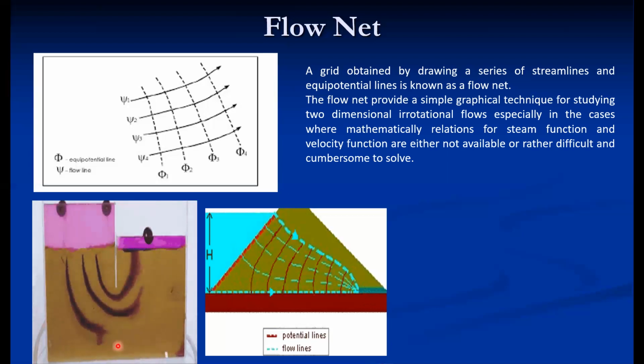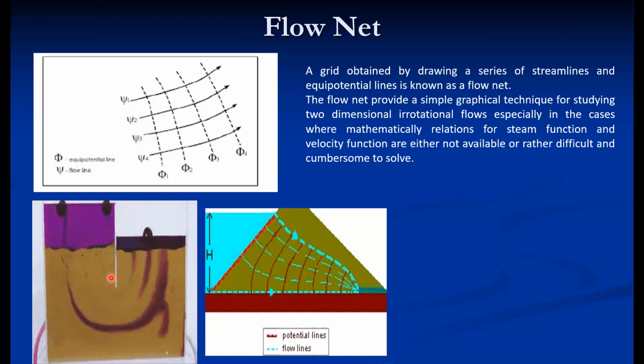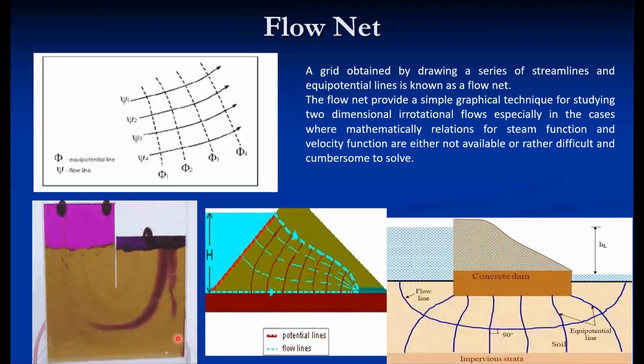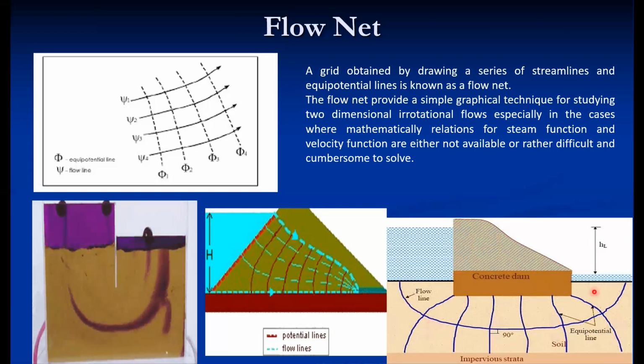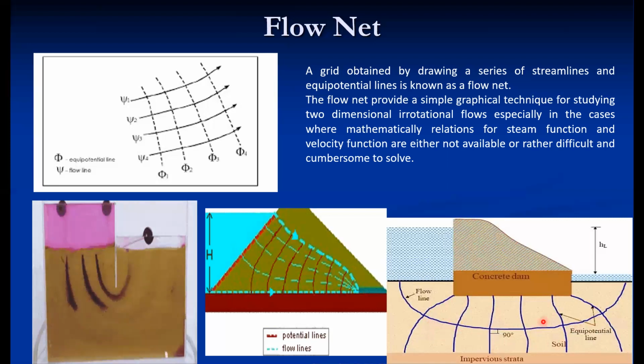It forms streamlines, and perpendicular to these are the equipotential lines. The same flow net technique is used to recognize this. So suppose this is a flow line, and these lines perpendicular to it are equipotential lines.